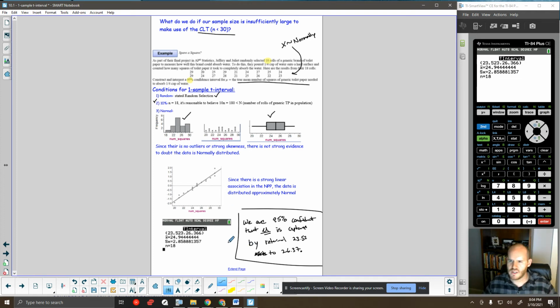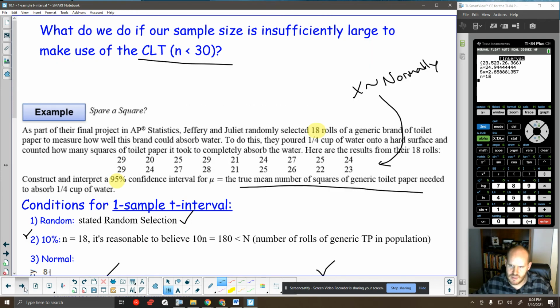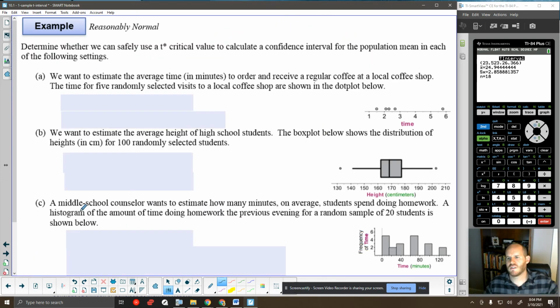So the final question I want to answer for you in this video is kind of, how skewed is too skewed, or when might this distribution not meet the conditions? So I want to quickly look at an example of meeting the conditions for using T procedures, using 3 examples here.